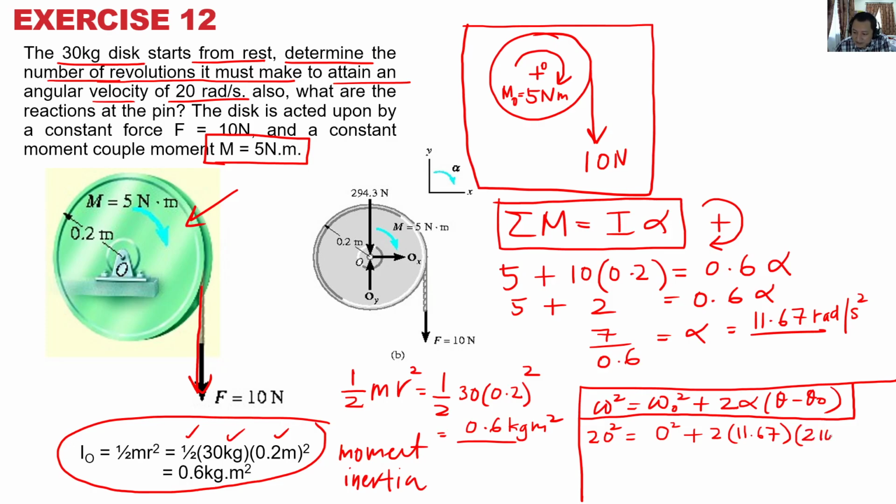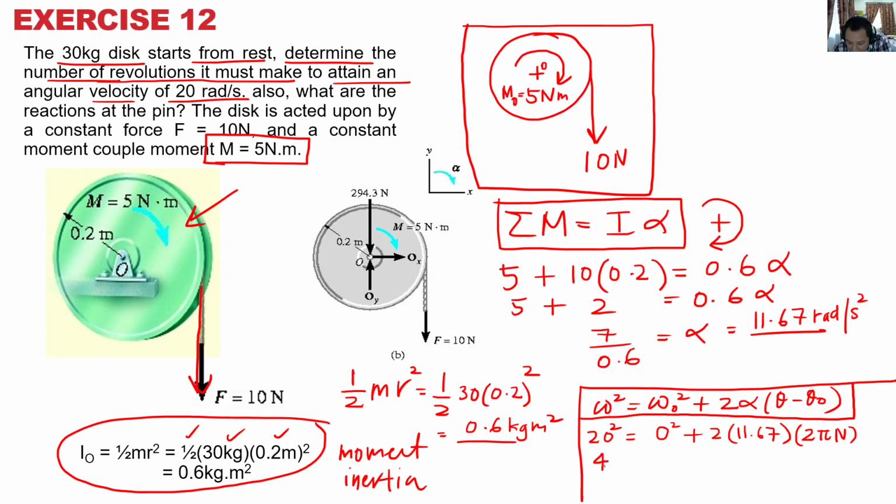How many revolutions? So theta becomes 2 pi n, because it wants revolutions. If it wants theta, then that's also fine, because 1 revolution is equal to 2 pi. So let's do this. 20 squared is 400.